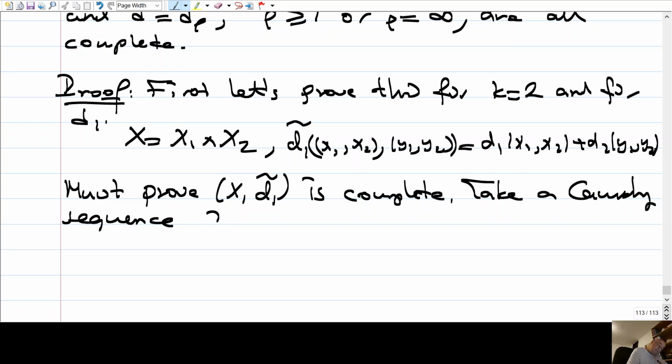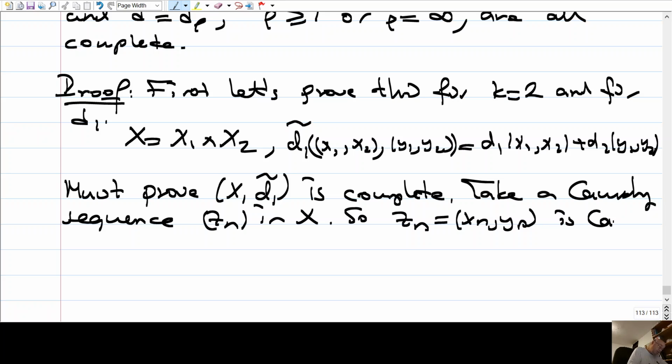Well, let's say Zn in X. So Zn is what? Zn is tuples, so it is like this, (Xn, Yn). And this is a Cauchy sequence.